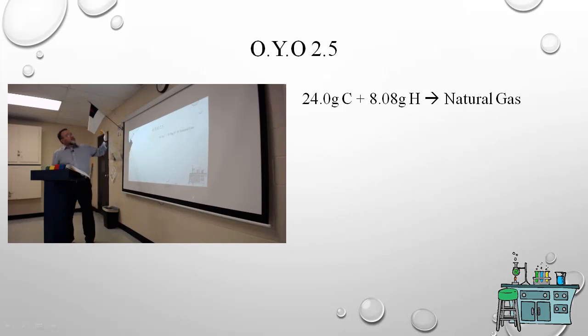We have a few minutes left, right? 6 minutes? Why don't you go ahead and try to attack on your own 2.5, and we will go over it together in just a few minutes. On your own 2.5, you have a mass of carbon and a mass of hydrogen to produce natural gas. Don't worry about the formula for that right now. There's no leftover carbon or hydrogen when you use that much.